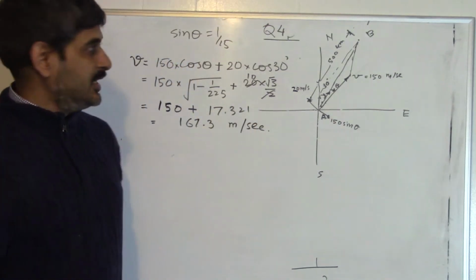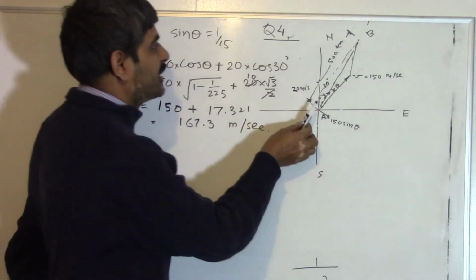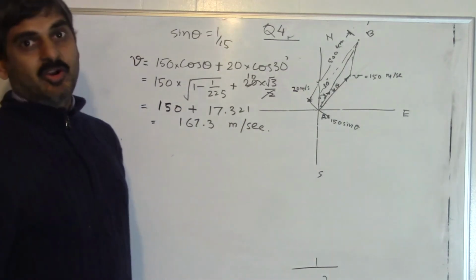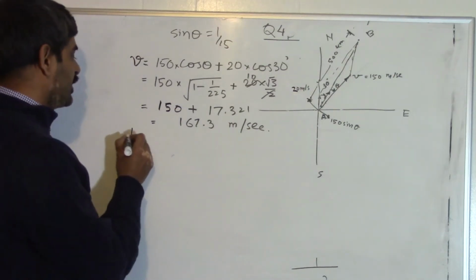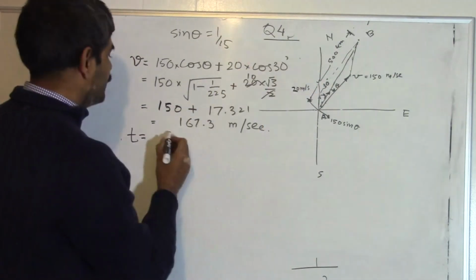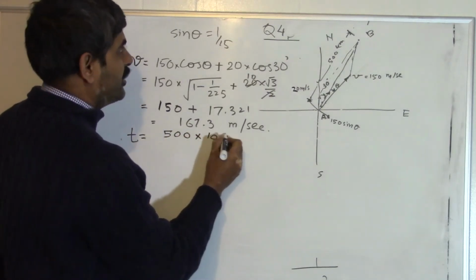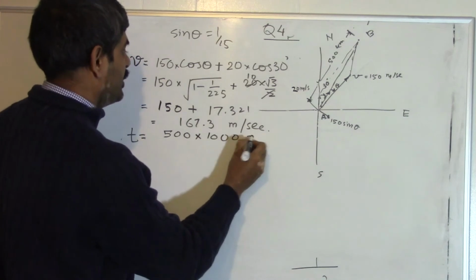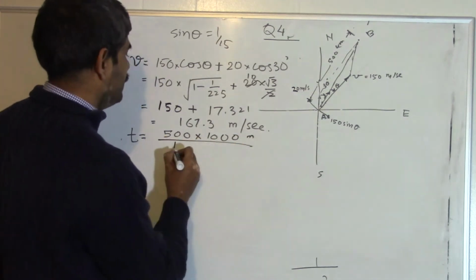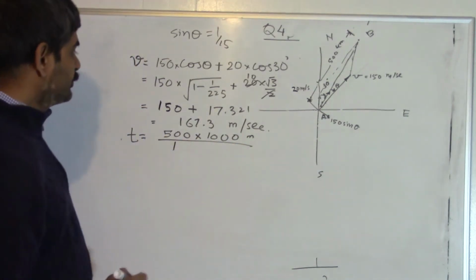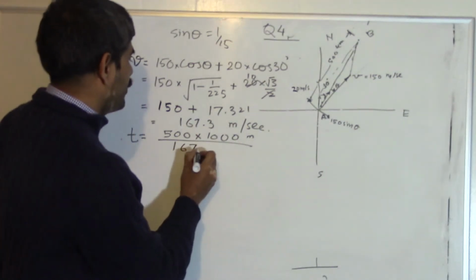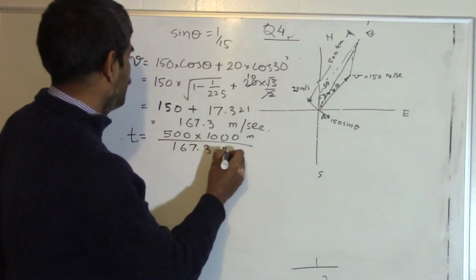With this velocity, it has to move a distance of 500 kilometers. So the time taken will be equal to this distance, which is 500 kilometers, meaning 500 multiplied by 1000 meters, divided by 167.3 meters per second.